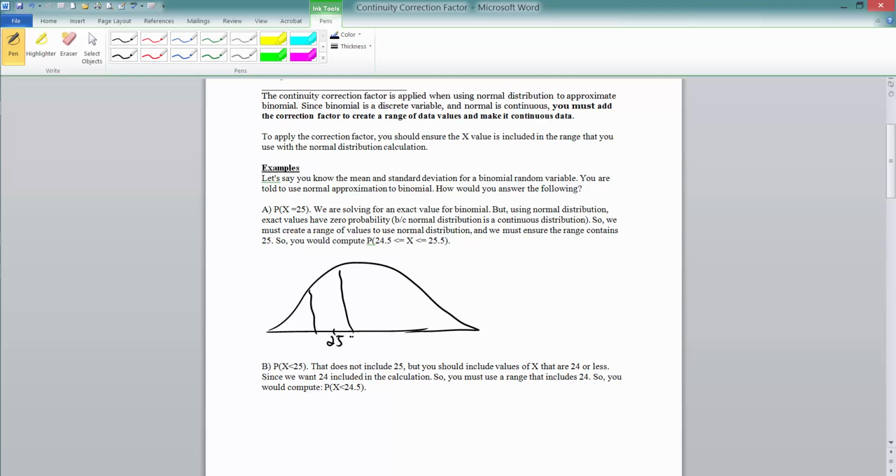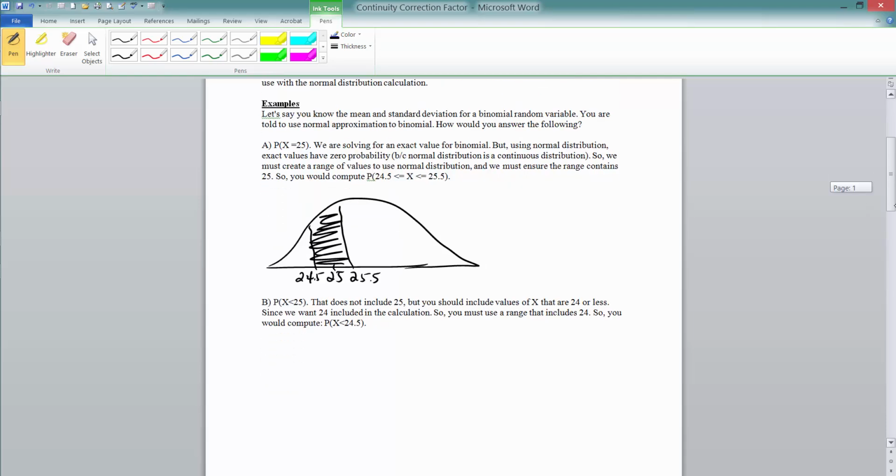You would have to add half, or 0.5, to make it 25.5 and 24.5 to be that range, so that you can approximate the probability for x being exactly equal to 25, if you're going to use the normal distribution to approximate it. So in this case, you would add and subtract the continuity correction factor.